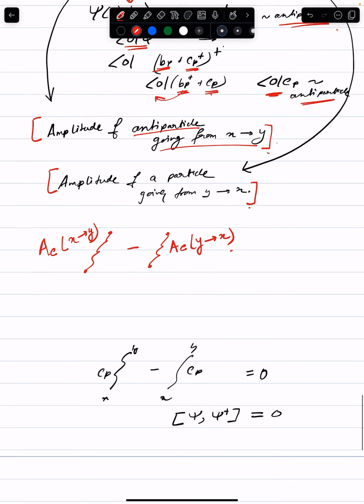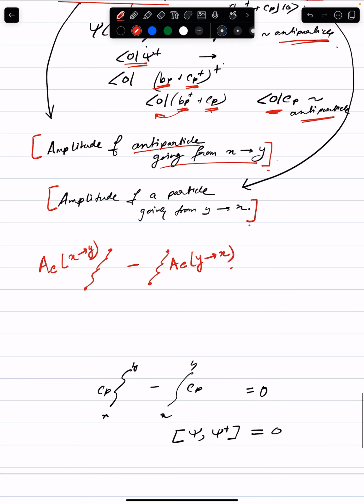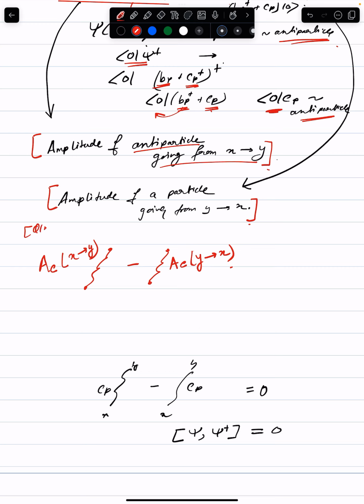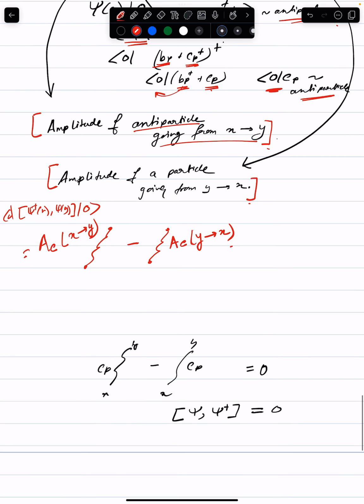Okay, so this is the commutator, ψ dagger x, ψ y, 0. This is this. This can be interpreted as this.